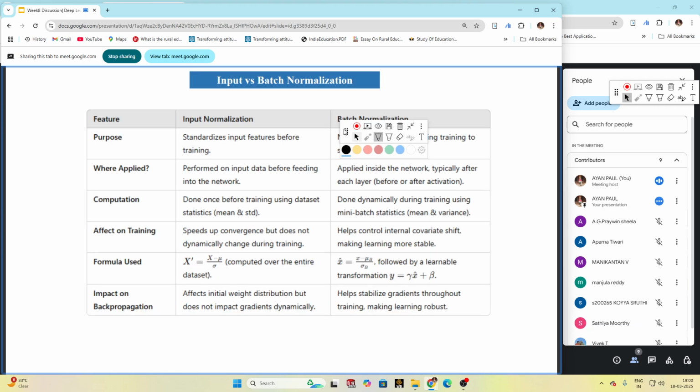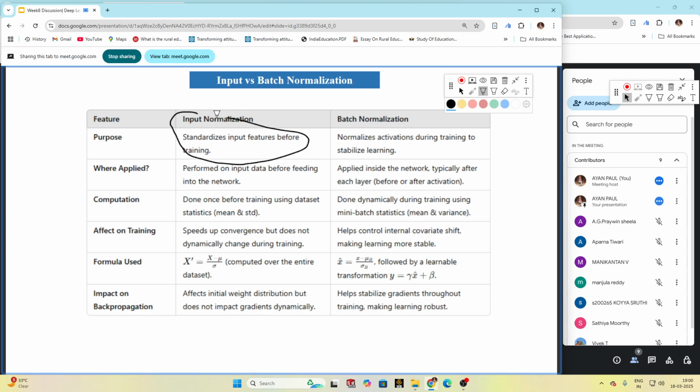Now there are some differences between input and batch normalization. Purpose: input normalization standardizes input features before training. Whenever we do input normalization, it always focuses before training, not after training, so it is a pre-processing step. But batch normalization is done within our training process to stabilize training.